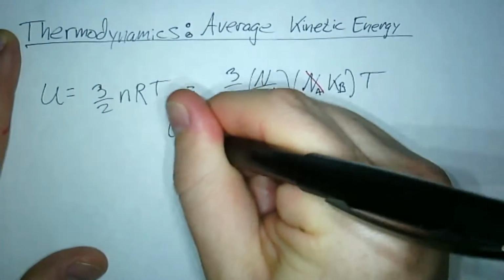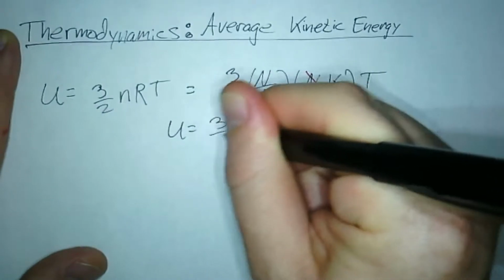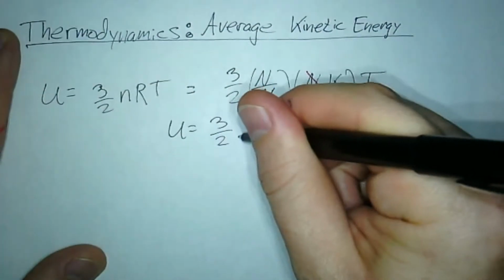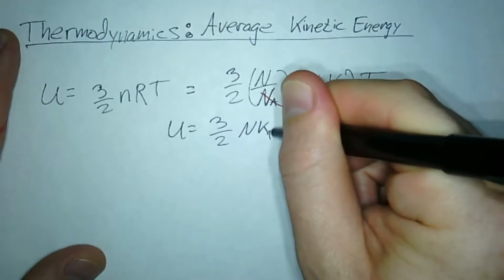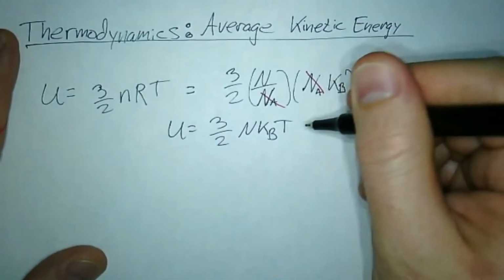So I can say the internal energy of a gas, for a monatomic gas, for a diatomic it would be 5/2, is the number of particles in the gas times Boltzmann's constant times the temperature.